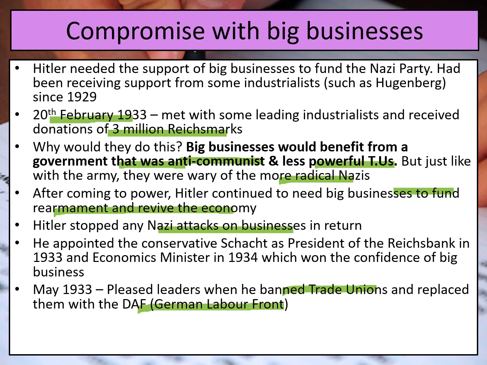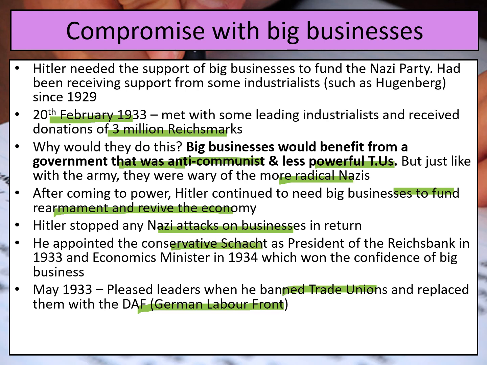He also just tried to kind of generally win them over by not only giving them what they wanted in terms of weakened trade unions and getting rid of the communist threat, but he also showed that he cared about the opinions of some of these big business leaders and these economists by doing things like hiring the very conservative man called Schacht as president of the Reichsbank.